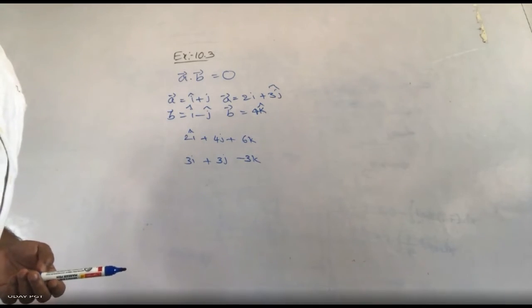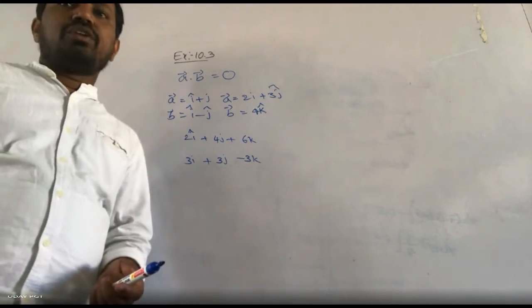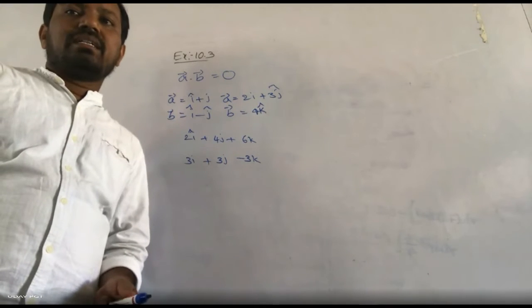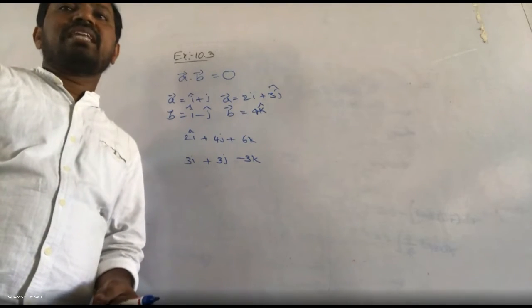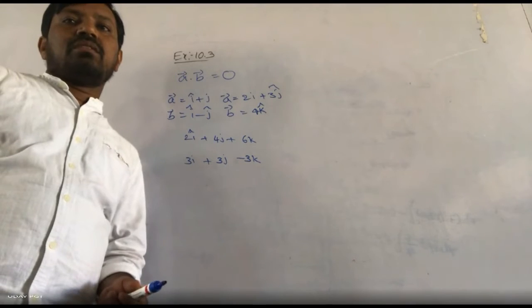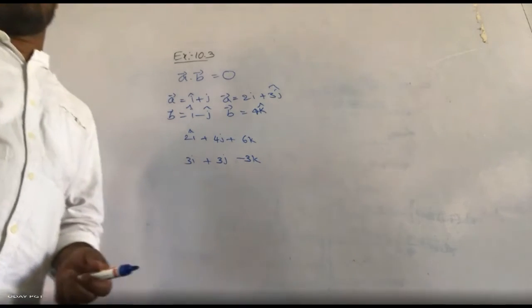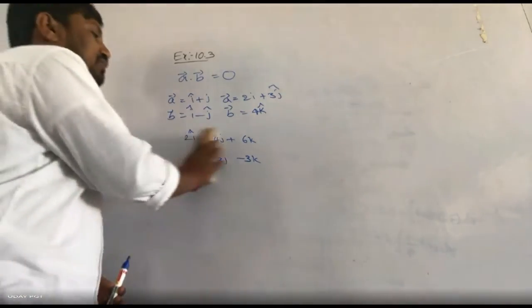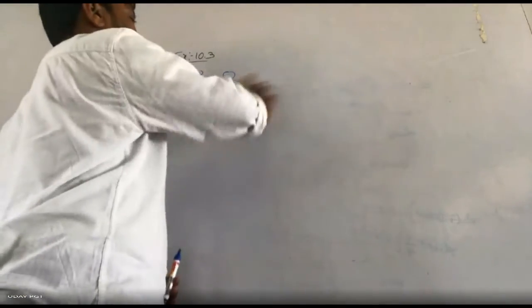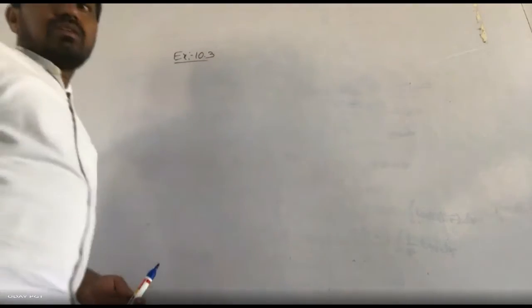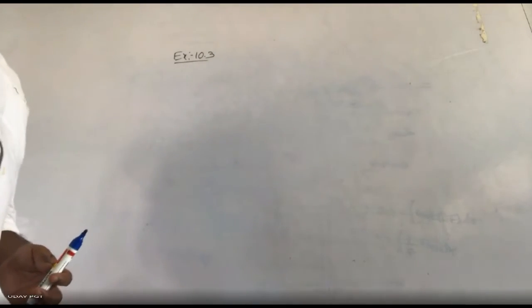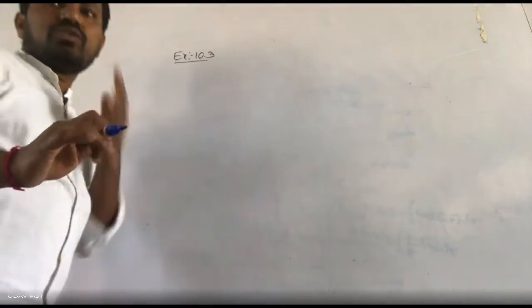15th question you see, the vertices of the triangle are given to you. Find the angle between BA and BC. You are going to get it. So angle between BA and BC, this question you try to concentrate here.